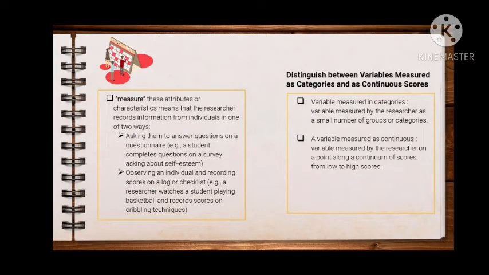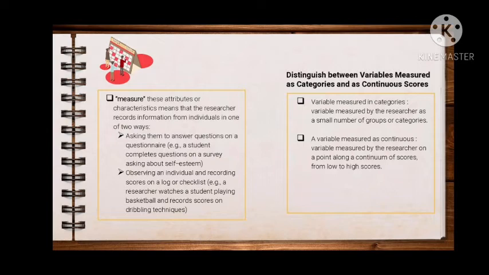Measure refers to the researcher recording information from individuals in one of two ways: asking them to answer questions on a questionnaire, and observing an individual and recording scores on a log or checklist.